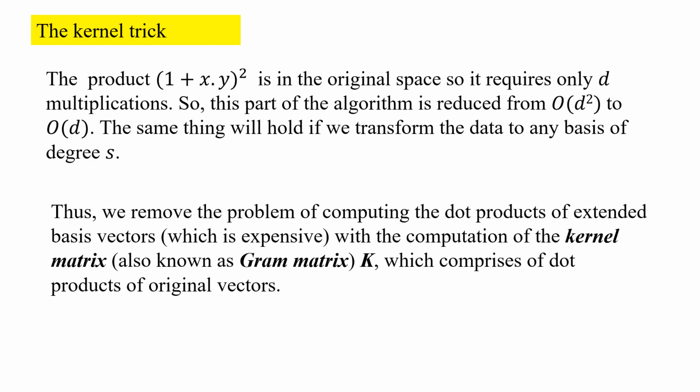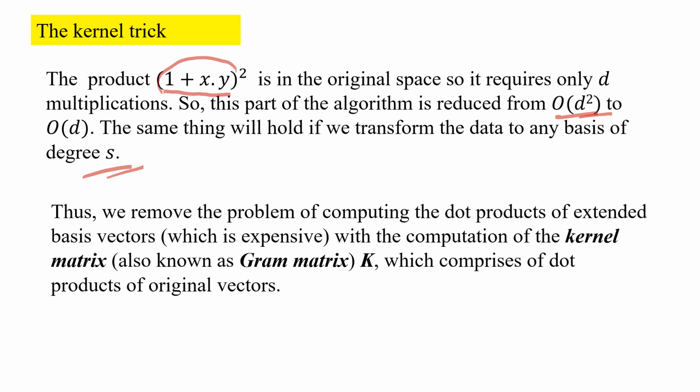So the product 1 plus x dot y squared is in the original space, so it requires only D multiplications. So this part of the algorithm is reduced from order D squared to order D. The same thing will hold if we transform the data to any polynomial basis of degree s. So we remain in the original dimension space.